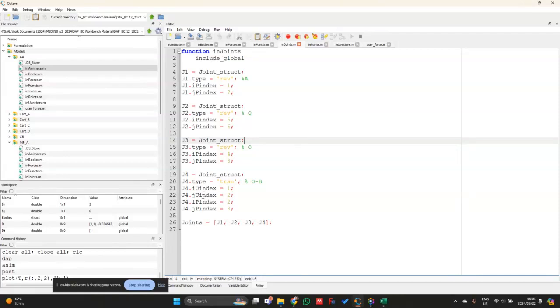So now that I have the two unit vectors specified, I need to specify the 2 points between which the translational joint is going to act. So in this case, I specified it between point index i and point index j, which is 2 and 8.